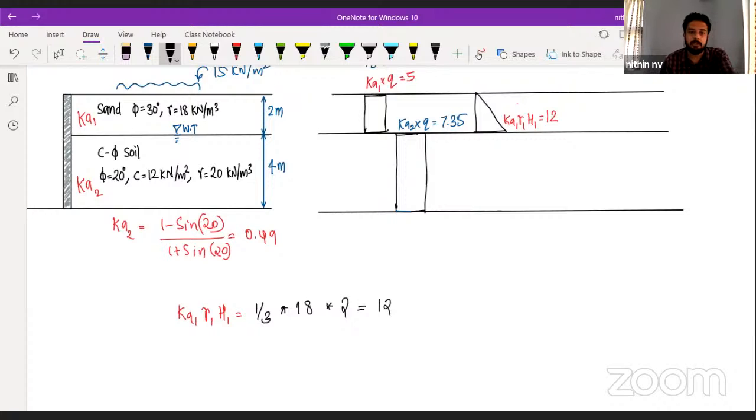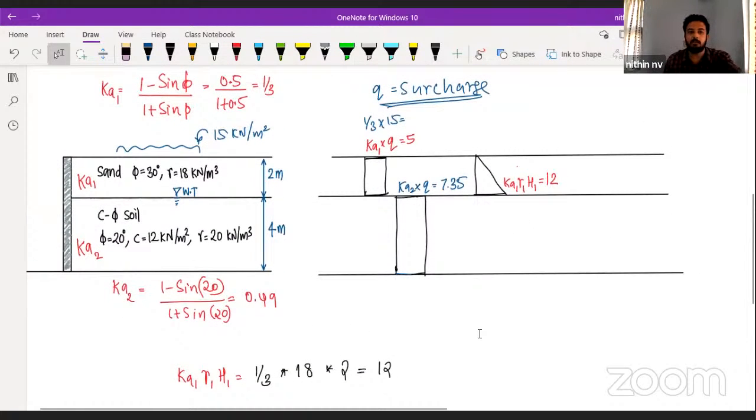See, because of this sand, the weight of the sand, gamma into H, has an effect on the second layer also. Are you understanding, guys? This gamma into H we have used for Ka. Similarly, this weight of the soil, the weight of this sand layer, will have an effect on whichever layer is below. What will that effect be?